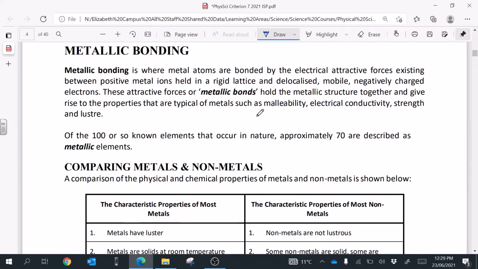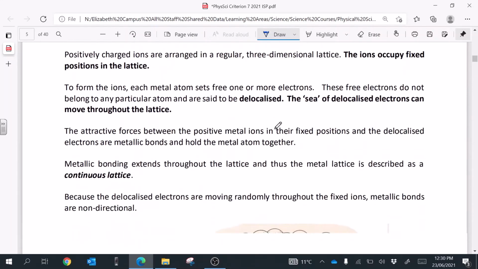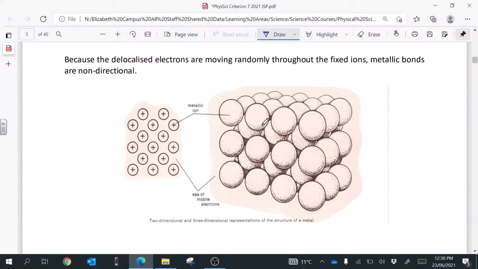Metallic bonding is where atoms are bonded by the electrical attractive forces existing between positive metal ions held in a rigid lattice and delocalized mobile negatively charged electrons. Okay, so that's a bit of a mouthful. Let's have a look at the model for them. What that's basically saying is you have these nuclei in here and they're all positively charged.